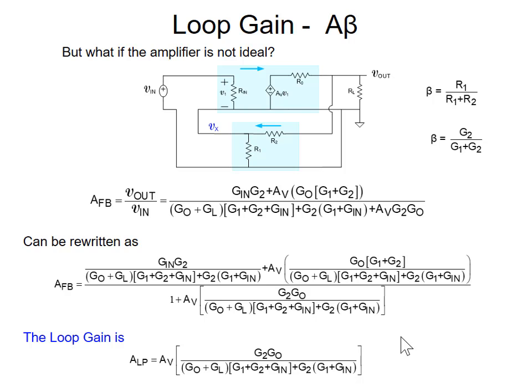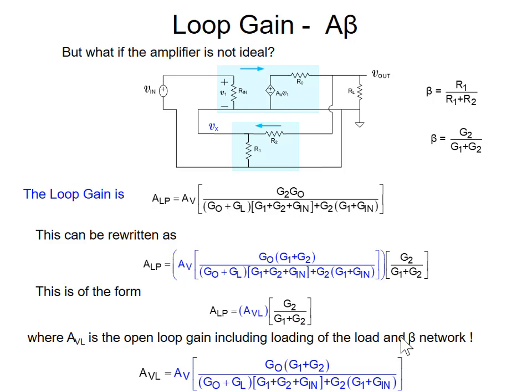Now, I can multiply through by what we think of as 1 over beta, as beta, excuse me.